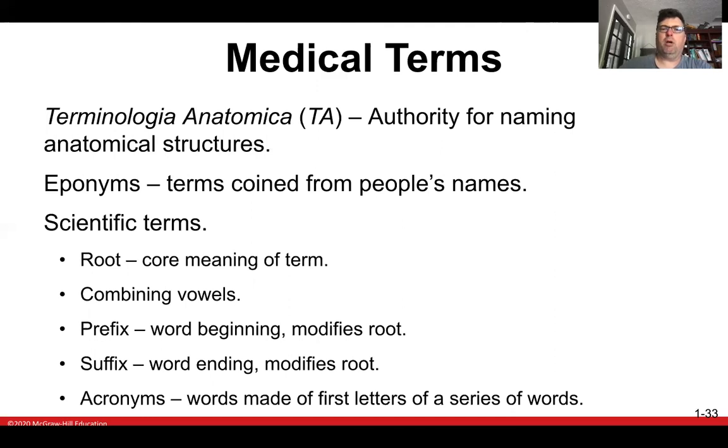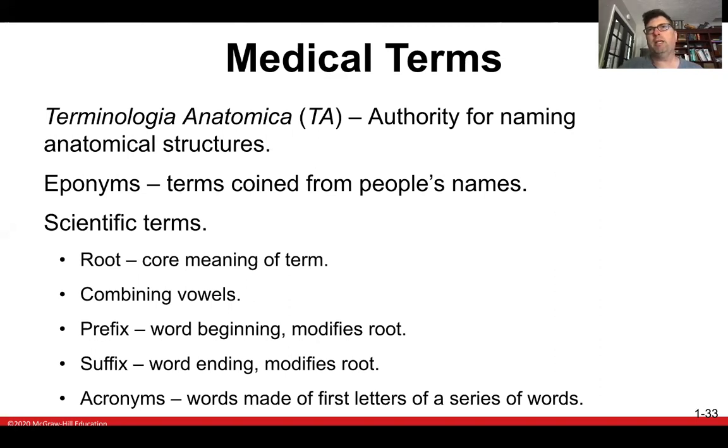These terms are about how medical terms get put together. They're mostly Greek and Latin. There would be a root, combining vowels, prefixes, and suffixes, acronyms, and then there's some eponyms, although those are on the decline, terms coined from people's names, like the discoverer. What's an example? A fallopian tube.